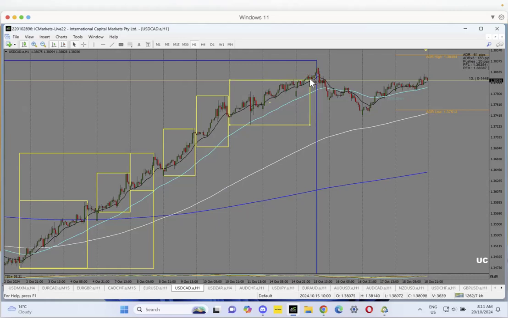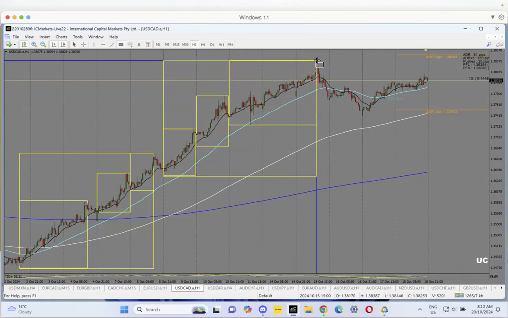I remember this is the day when I said to people, you might as well start selling USD CAD, and it actually did sell very well, even though during news it started by going up first before it sold. But this was a very good day to sell. I know for those who still remember when I said you can sell USD CAD, all right? Now, after that, then it means this is my third level.